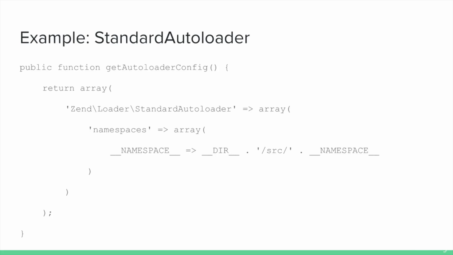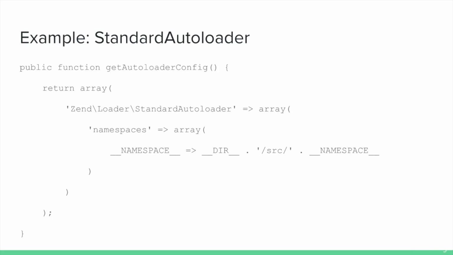So as you can see here, we have a getAutoloaderConfig method implemented. This method exists within the Module class of our module, and it simply returns an array. In the array, we define the name of the autoloader that we would like to use, and within an array, we configure this autoloader.